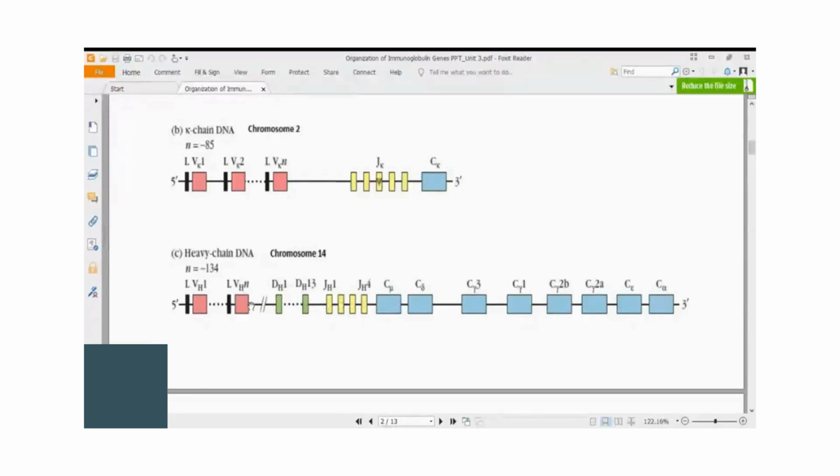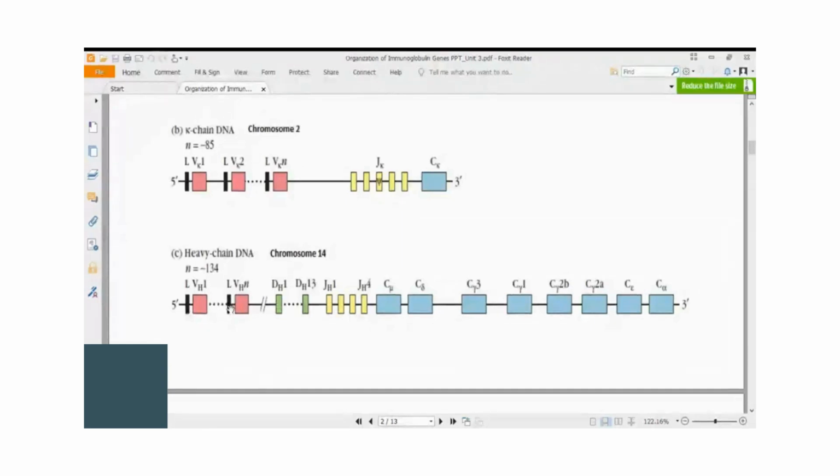They will be contributing to the variability of the variable region gene. Similar to the leader sequence that was seen in the light chain, here also 300 variable region genes are going to be accompanied by a leader sequence in the 5' end.